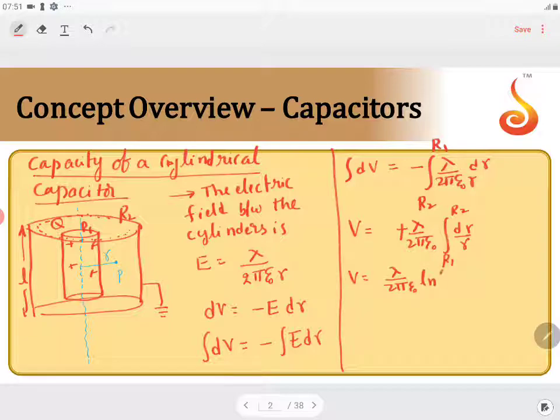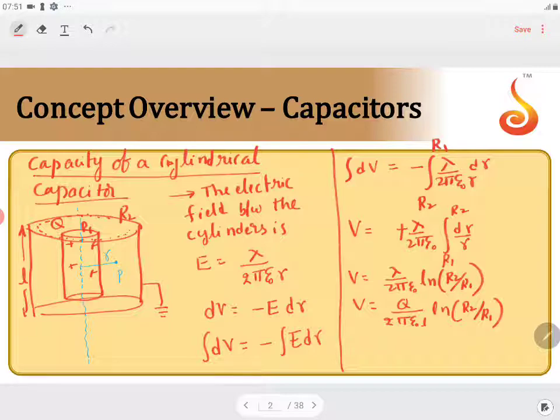If you substitute the limits, you'll get lambda by 2 pi epsilon naught ln r2 by r1. Now, in place of lambda, we substitute q by l. So V is q by 2 pi epsilon naught l ln r2 by r1.